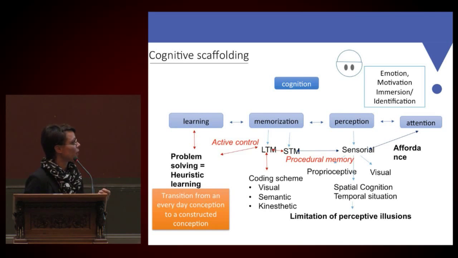And so you have an active control, and you mobilize praxis, for example, your representation of motor motions of your body. And so you enhance construction with your body, not only with your mind.